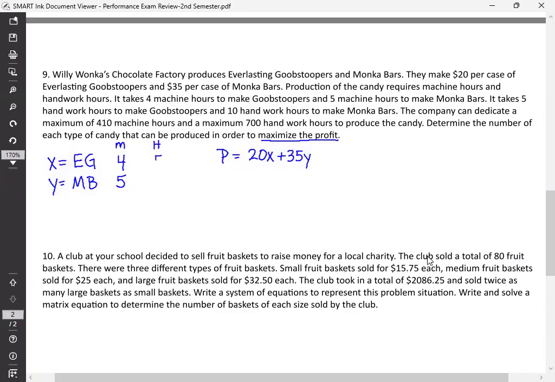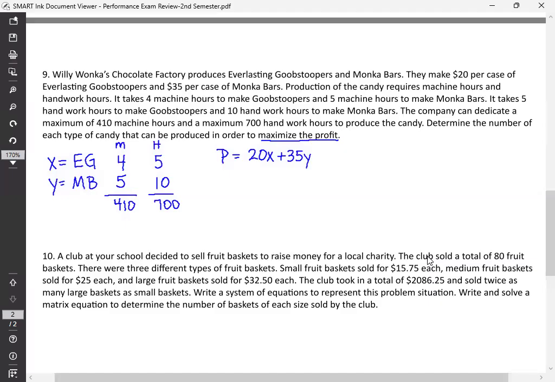It takes 5 handwork hours to make gobstoppers and 10 handwork hours to make Monka bars. The company can dedicate a maximum of 410 machine hours and a maximum of 700 handwork hours to produce the candy. And now we're going to put this all together and determine the number of each type of candy that can be produced.